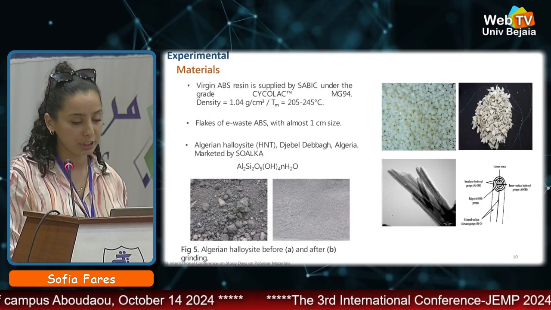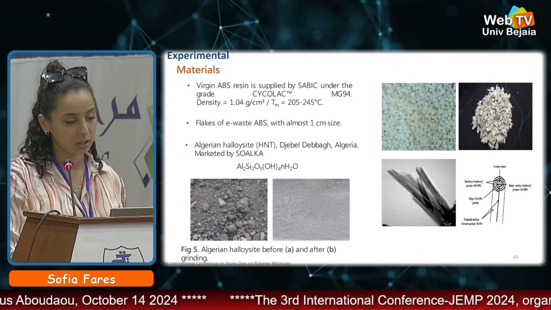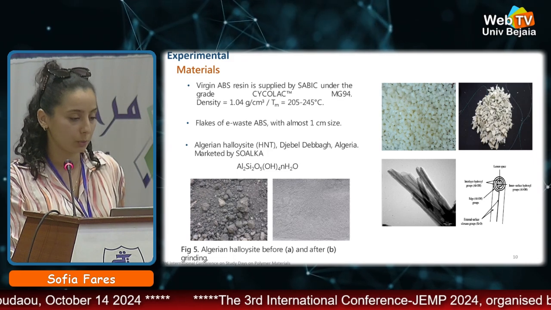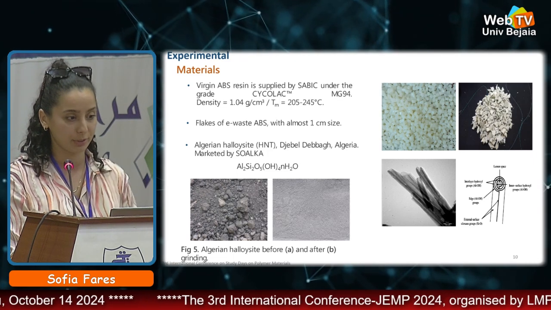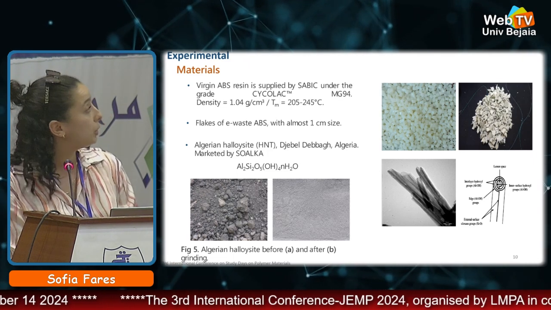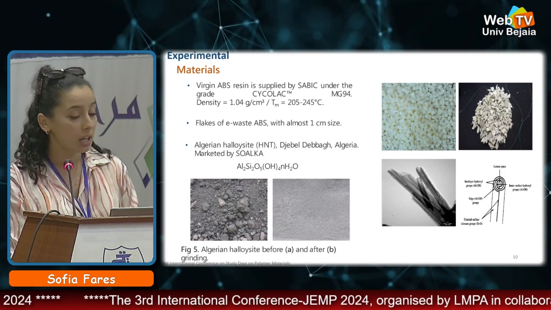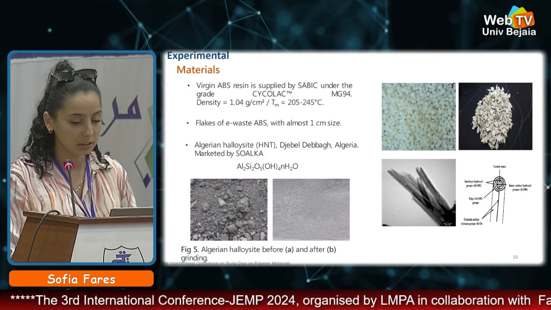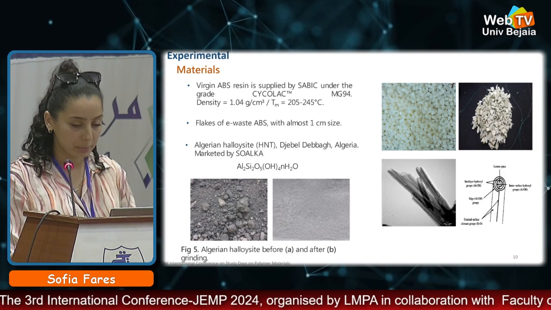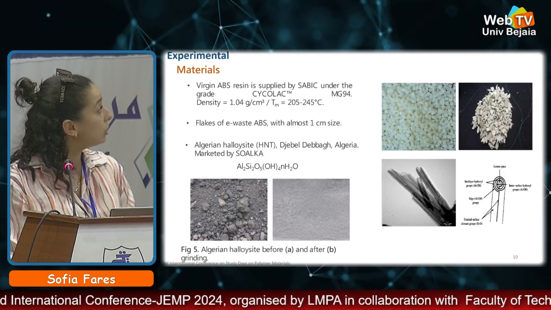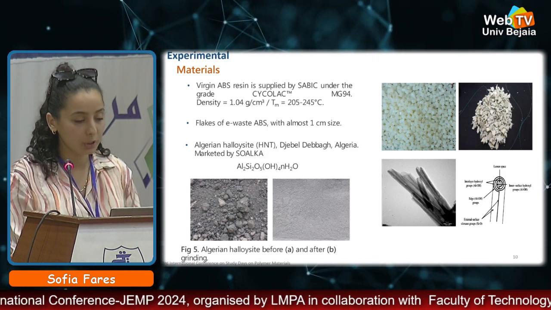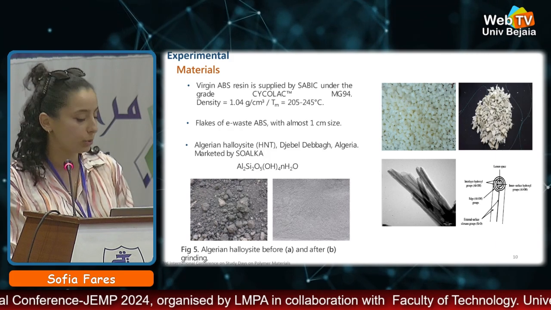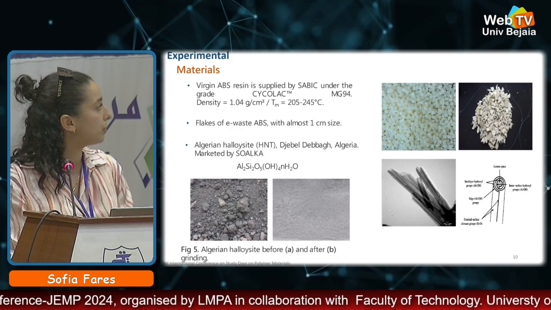We use virgin ABS, which is supplied by SABIC under the grade Sicolac. We use e-waste ABS and the Algerian halloysite from Jebel Debbagh in Algeria, which has been ground into powder, as we can see in Figure 5.